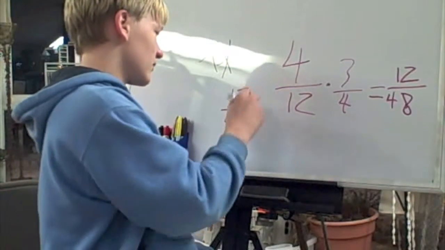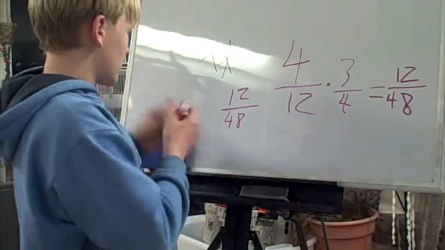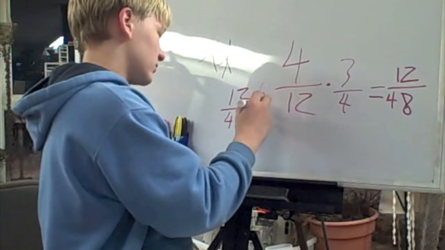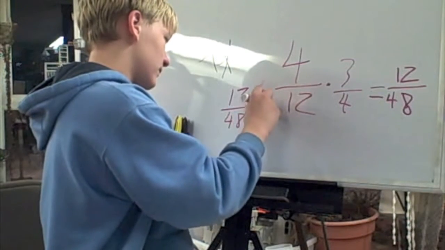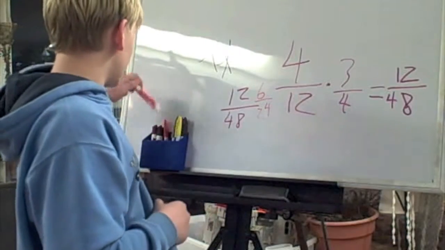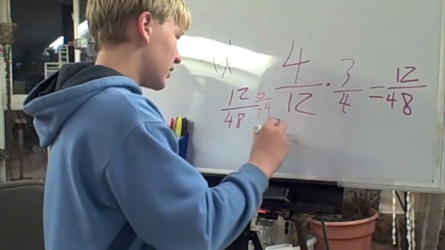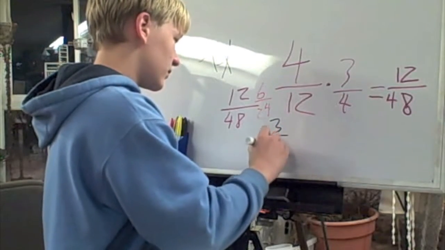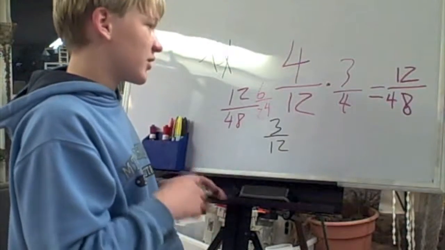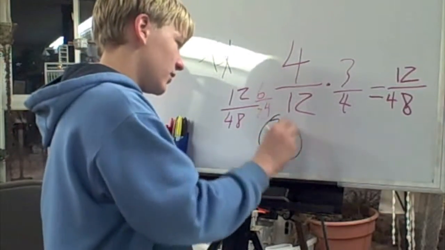So, let's see, half of this, that would be 6/24, and then half of that would be 3/12. And you can't simplify anymore, so your answer fraction would be 3/12.